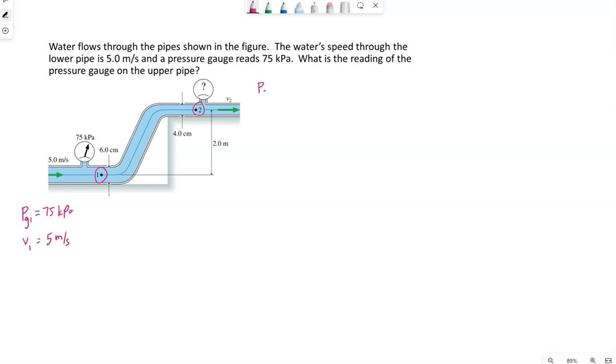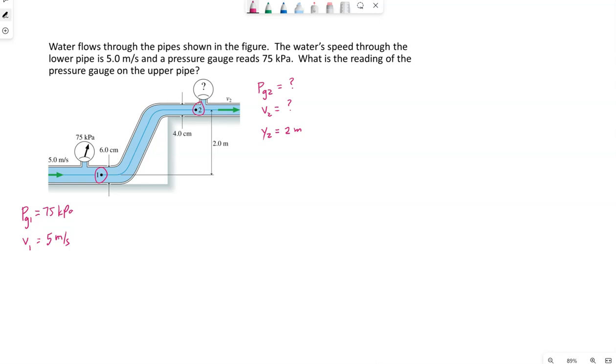We're looking for the gauge pressure up here, point 2. It doesn't tell us what the speed is. We do know that this second part of the pipe is 2 meters higher than the bottom pipe, and they're measuring center to center.